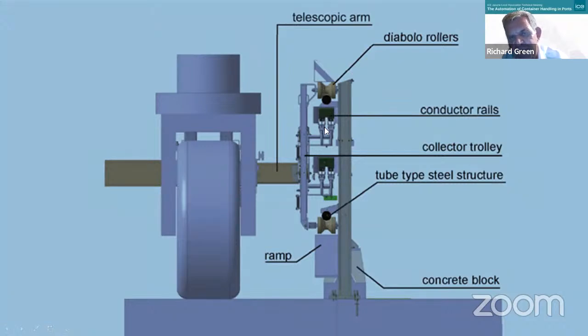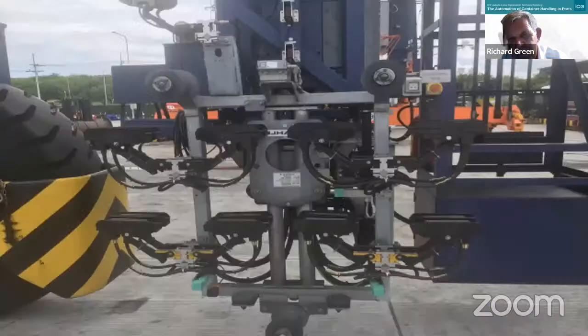We have two Diablo rollers which run on circular or tubular rails. And then we have the collector trolley with the connectors here that pick up the power from the power supply. So that's the basic idea.